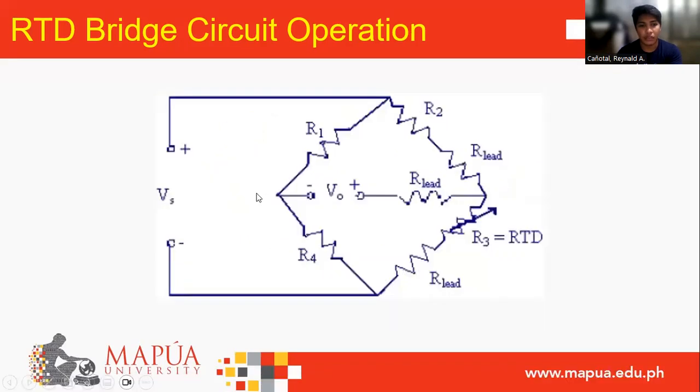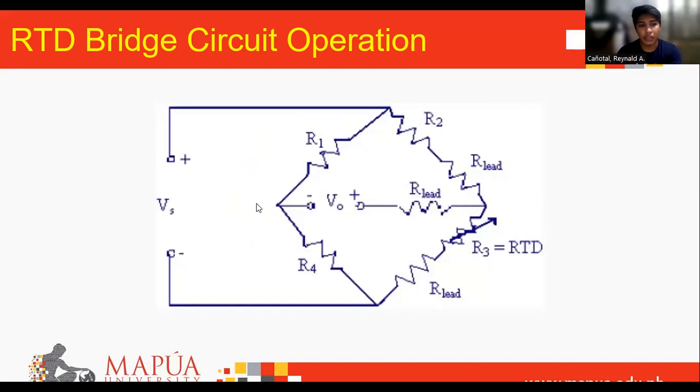And here is the other one. Redrawing the equivalent circuit may help explain why the lead resistance cancels out. In the diagram, it is clear that if R lead changes equally in leg 2 and leg 3 of the bridge, its effect cancels out.